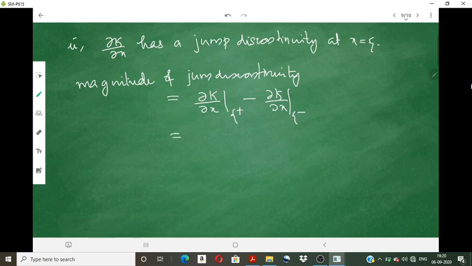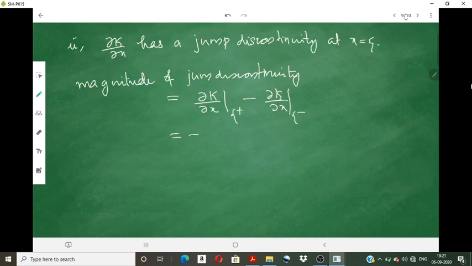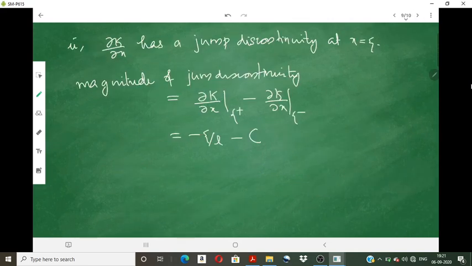Right hand limit means we are approaching with x greater than theta. When x is greater than theta, it is minus theta by L. So minus theta by L minus, when x is less than theta, 1 minus theta by L. So minus (1 minus theta by L), which is equal to minus 1.